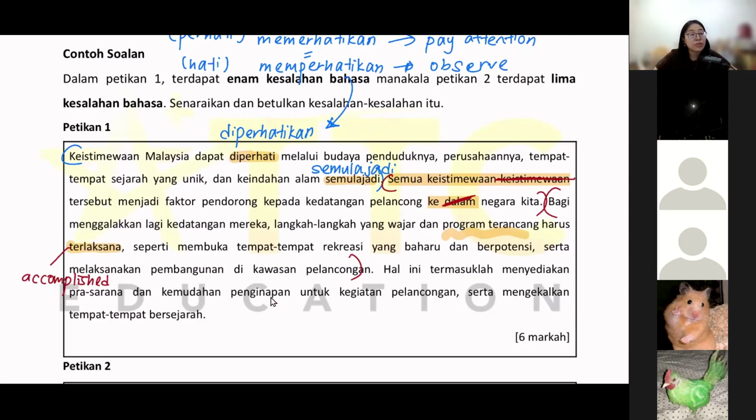Terlaksana is like already done, already finished. But this one is just program terancang, the program that is planned and has to be executed. So dilaksanakan, because they are still ongoing, not already finished.